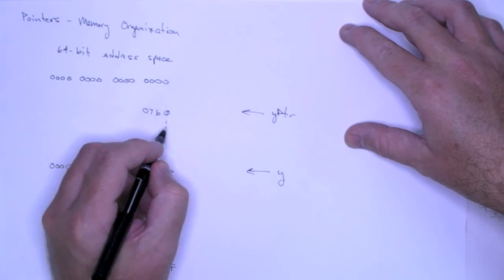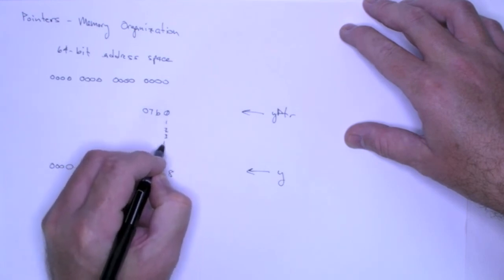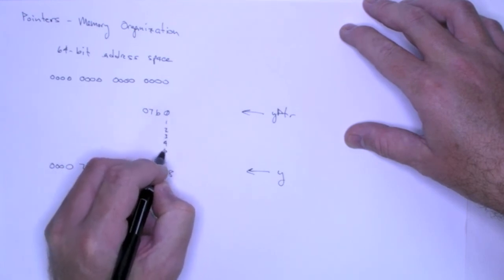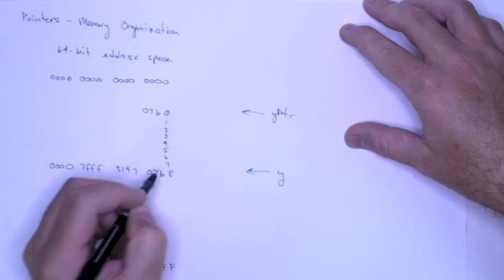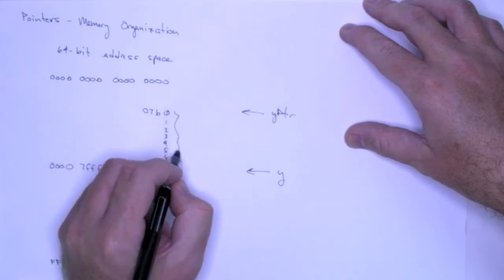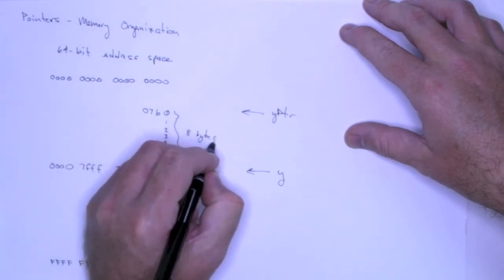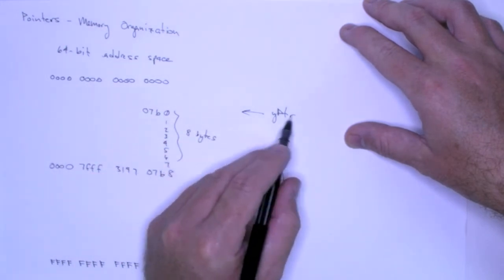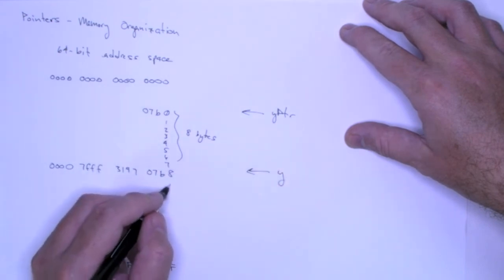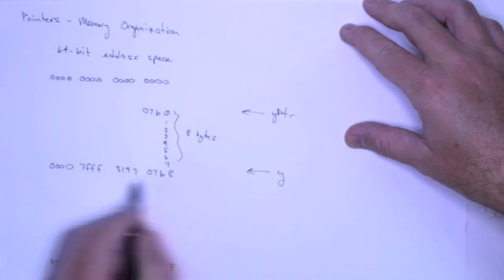So 1, 2, 3, 4, 5, 6, 7, and 8. So there are 8 bytes that we're using to store Y pointer.